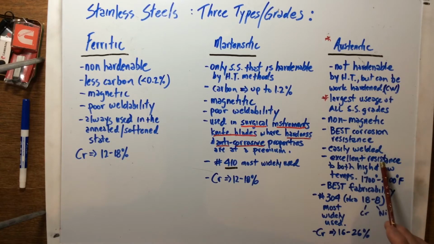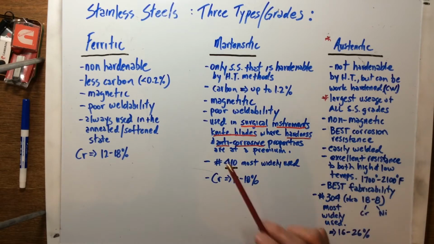It has excellent resistance at both high and low temperatures. Now look at these temperatures, and this is continuous service, by the way. Some grades are up to 1700, and others are even up to 2100 degrees Fahrenheit. That's why I was telling you earlier in the first video that this is probably the most widely used property inherent to stainless steels of why they are used in so many different types of industrial applications.